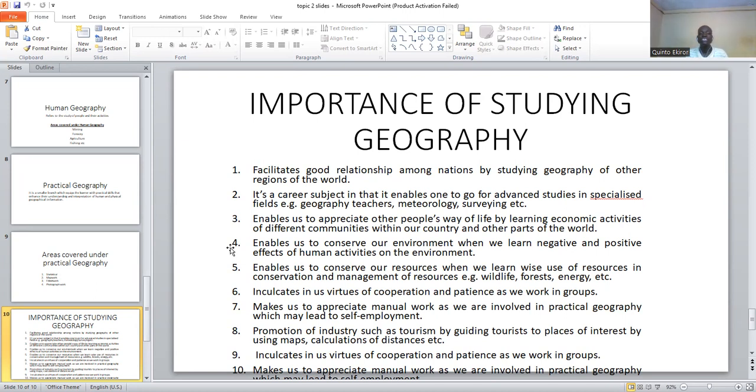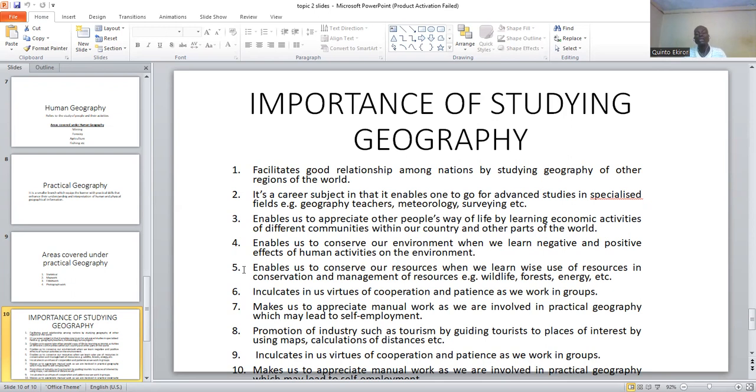Number four, it enables us to conserve our environment when we learn the negative and positive effects of human activities on the environment. For example, it enables us to conserve our physical and human environment. Number five, it enables us to conserve our resources when we learn wise use of resources in conservation and management of resources, for example, wildlife, forestry, energy.